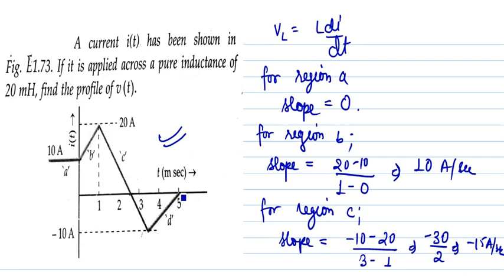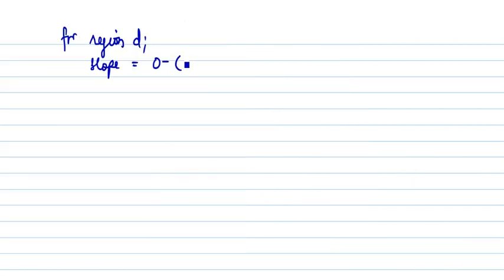For region D, we can see here y is 0 minus minus 10 upon 5 minus 3. So that is equal to 10 by 2, or we can say here 5 ampere per second.